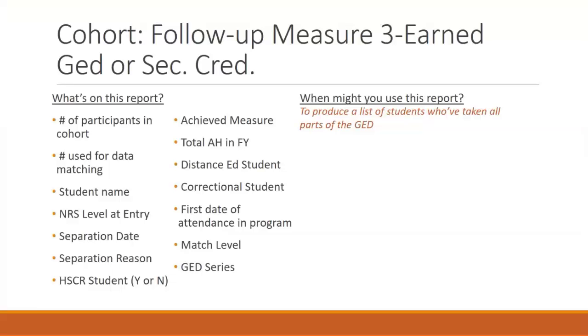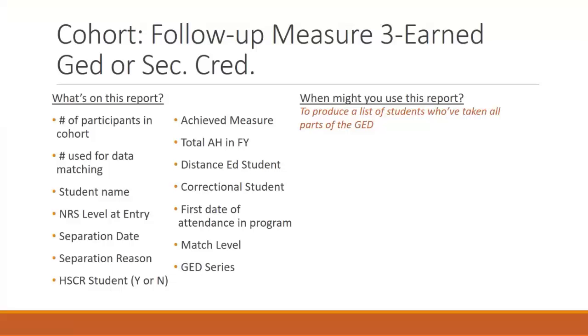These are reports that are used to give a summary of, for this one, the GED or secondary credential that have been earned in your program. This is another student level report, so one row is equal to one student.